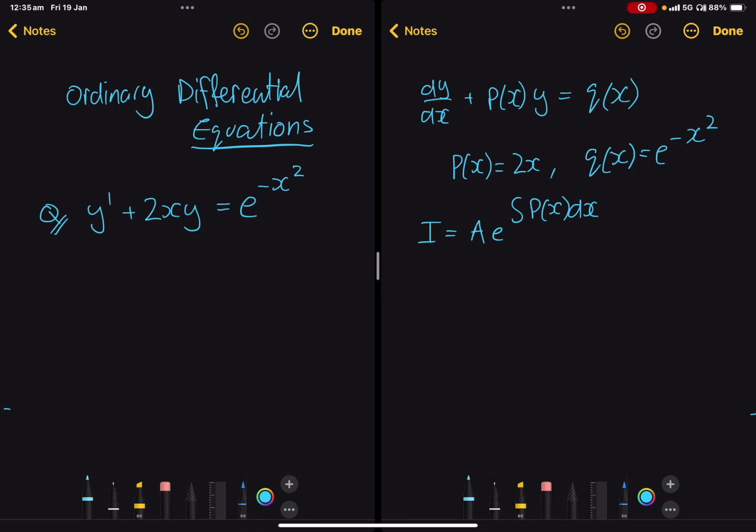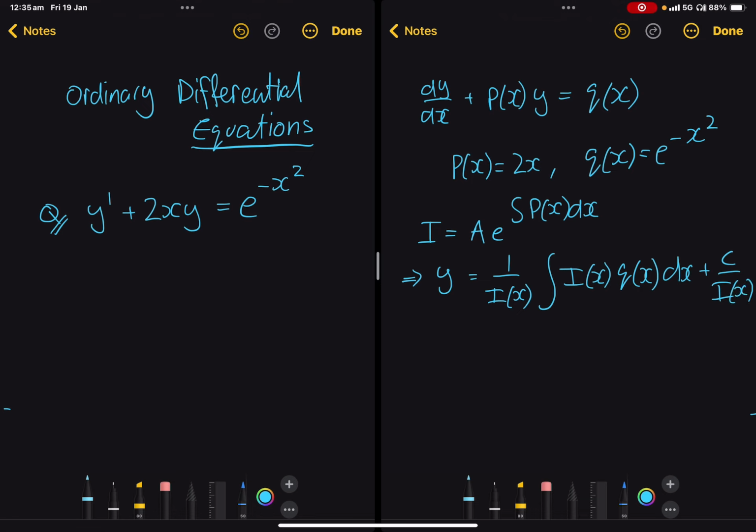We're going to find this integrating factor and then use it to find a solution. In fact, the solution will take the form y is equal to 1 over the integrating factor, which is a function of x, multiplied by the integral of I of x times q of x dx, plus c, all on I of x.